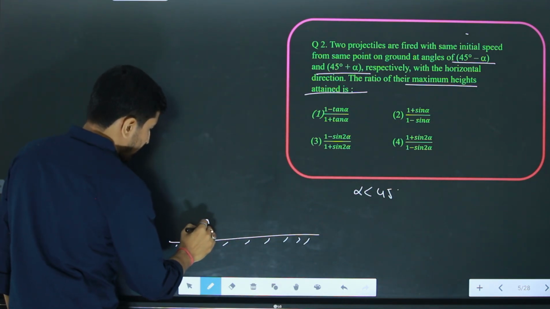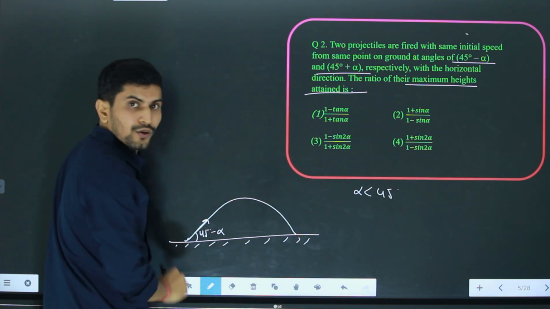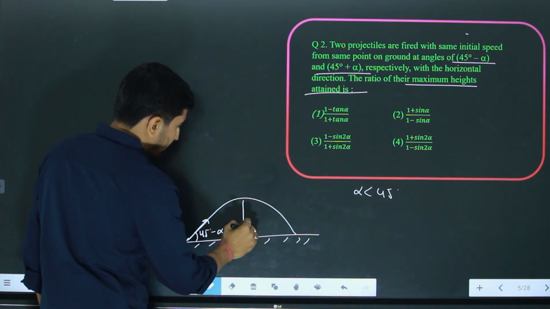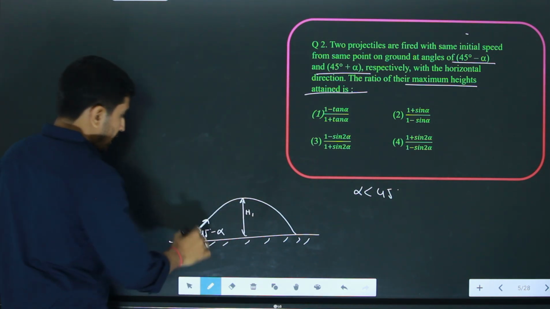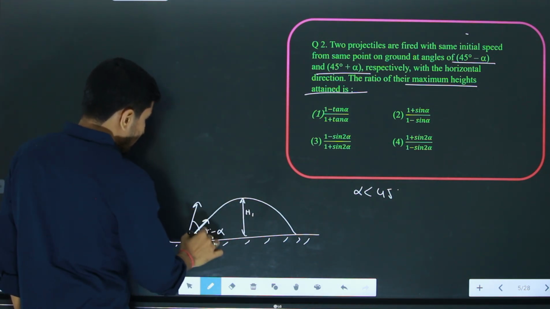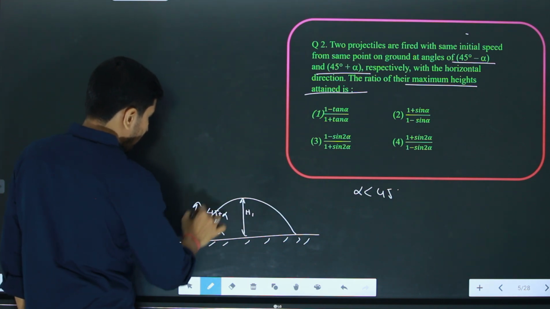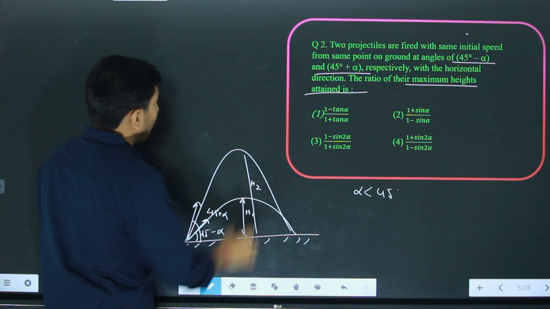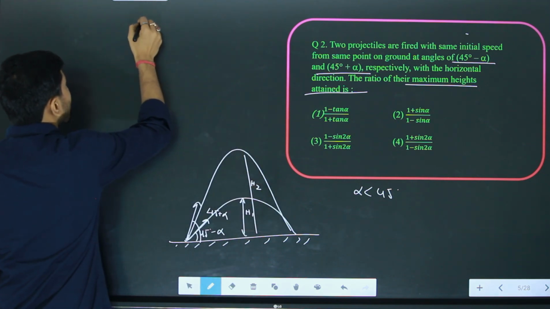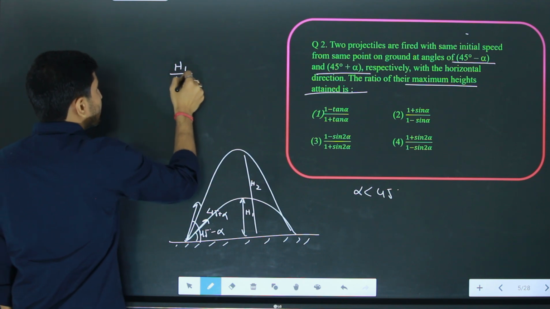Let's say this is the first angle, 45 degrees minus alpha, and this is the first projectile. The maximum height that it can attain is h1. Then the second projectile is projected with angle 45 plus alpha, and let's say the height is h2, and we are supposed to calculate the ratio h1 divided by h2.